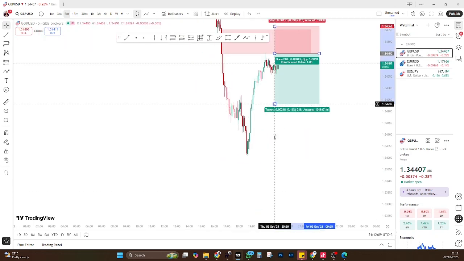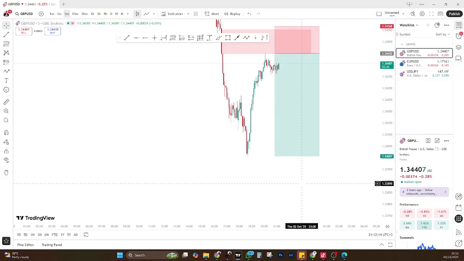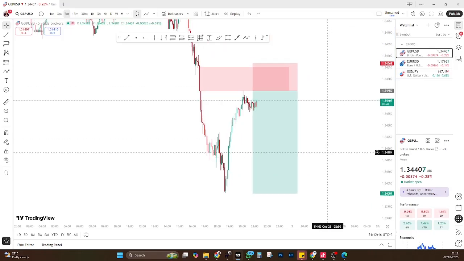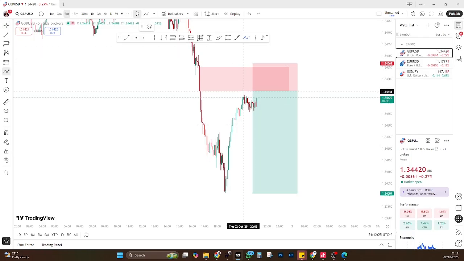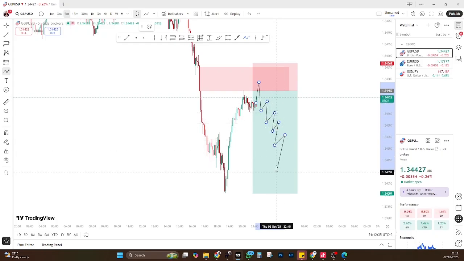Where will they target? The swing low. Okay, that is where they will target. So right now kwenye wako wanapiga makofi, wanasema wa tushapata trade. So what will happen is that this market might retest to this FVG, and then itakuja ikitengeneza liquidity.